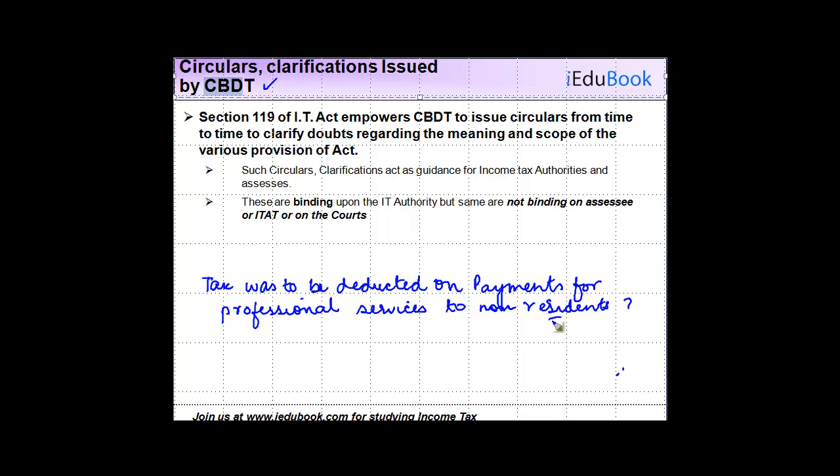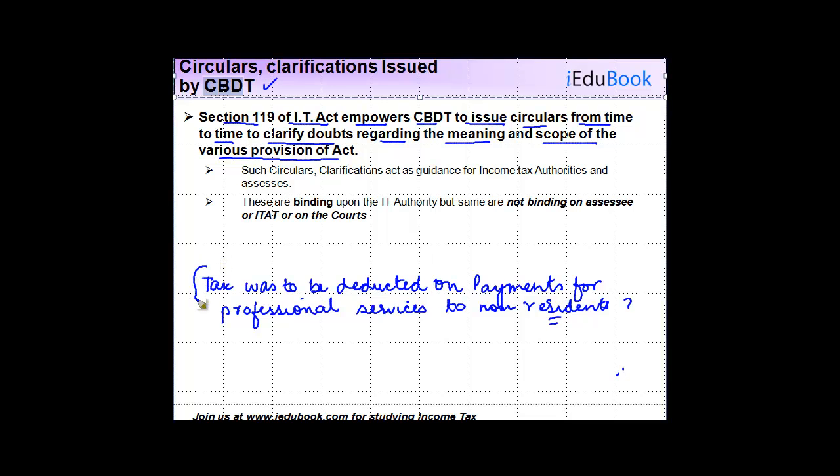In this case, Section 119 of the Income Tax Act, 1961, empowers CBDT to issue circulars from time to time to clarify doubts regarding the meaning and scope of various provisions of the Act.